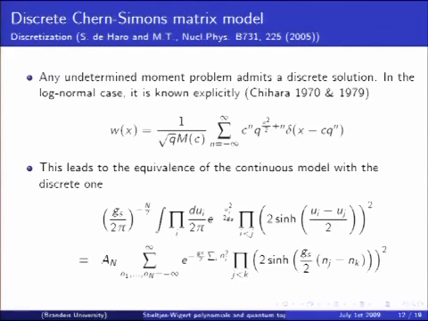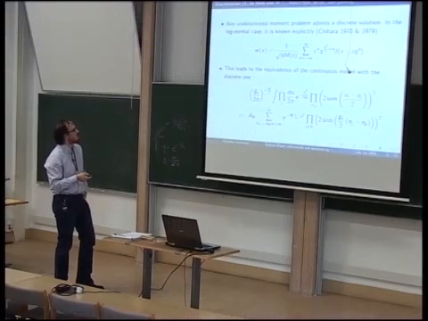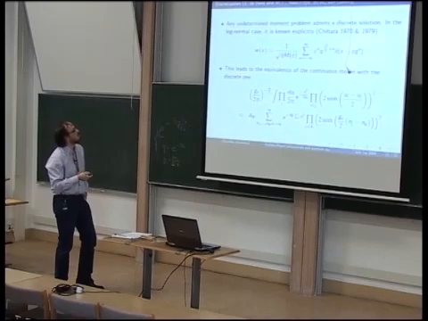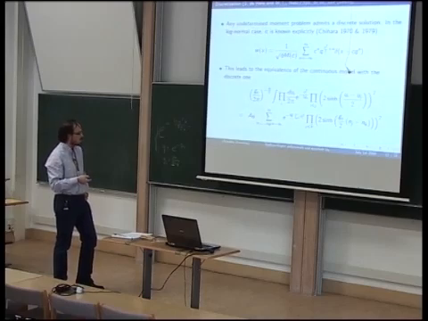That the log normal was undetermined was known since Stieltjes, as I said before. But an explicit expression for the discrete weight was given by Chihara in the 70s. This is the explicit expression, which is essentially a discretization of the log normal. Applying this to the matrix model, we found that there is an equivalent model which is completely discrete, and the partition function of this model is going to be exactly the same.